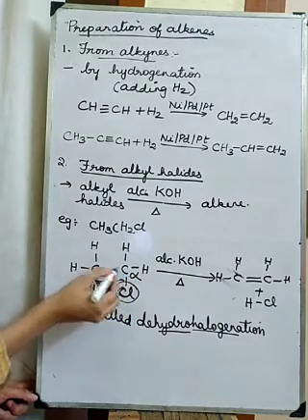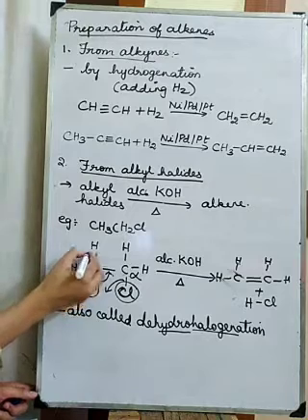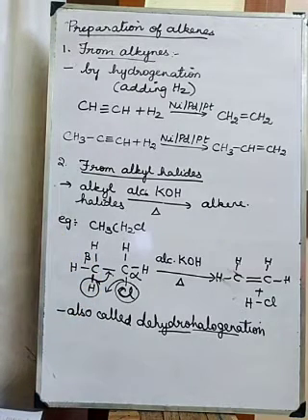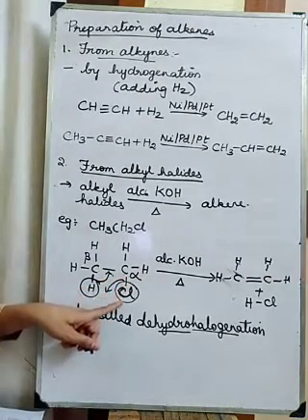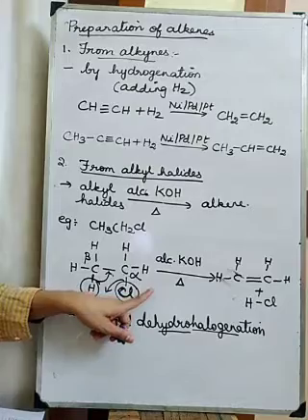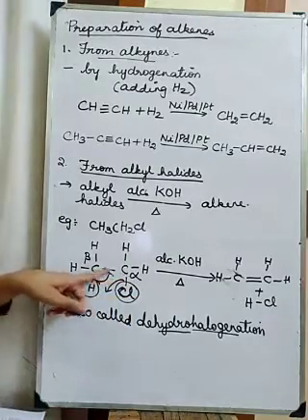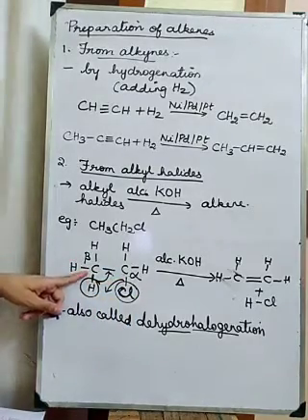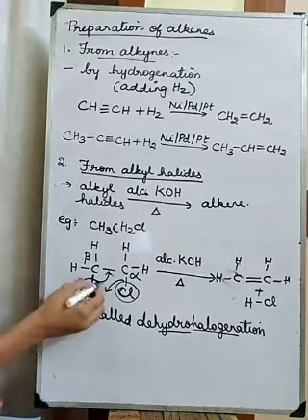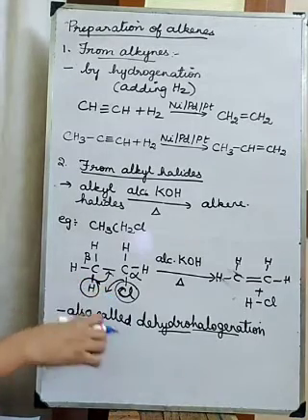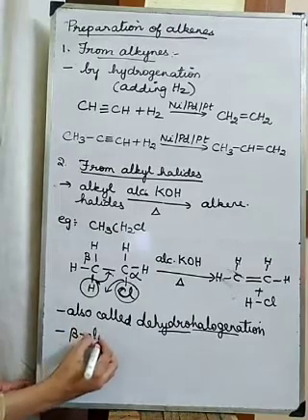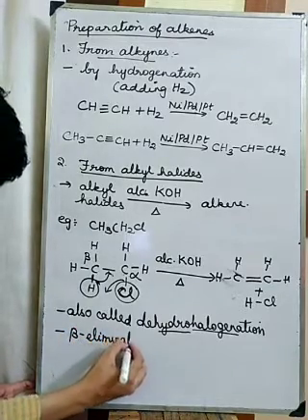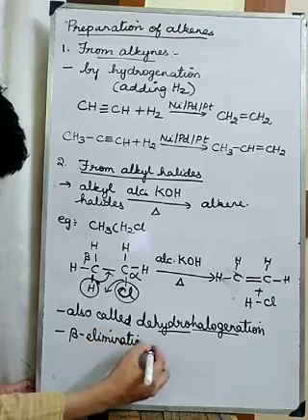The carbon nearby the alpha carbon is called the beta carbon. From the beta carbon, hydrogen is eliminated. So this is also called a beta elimination reaction.